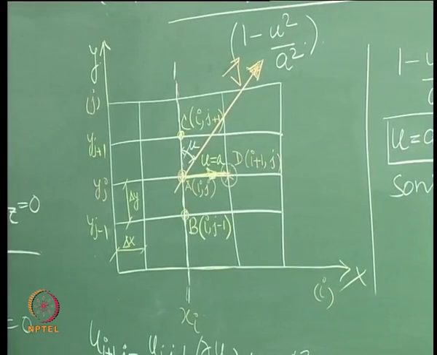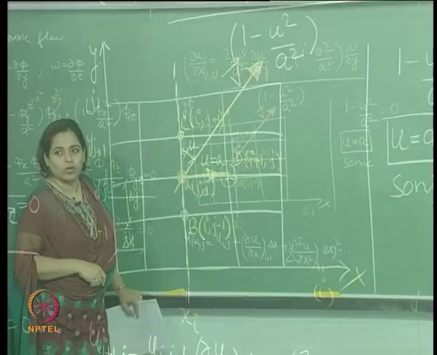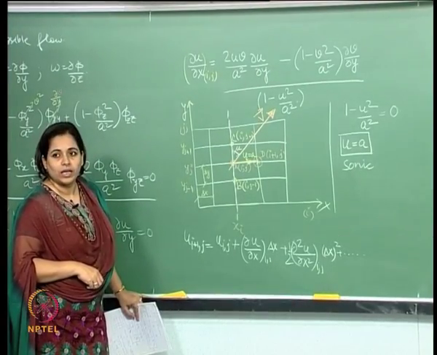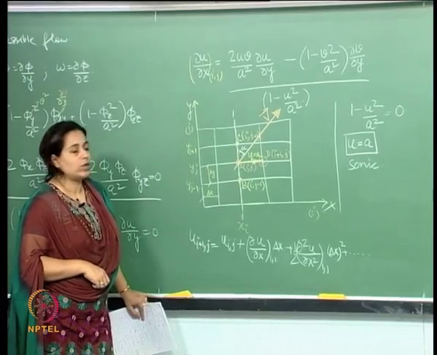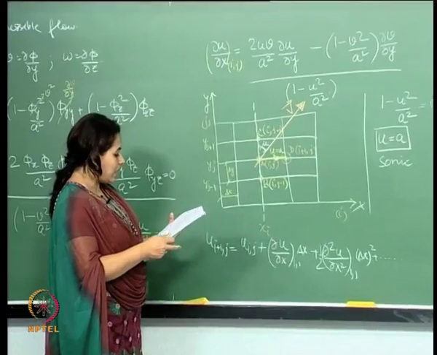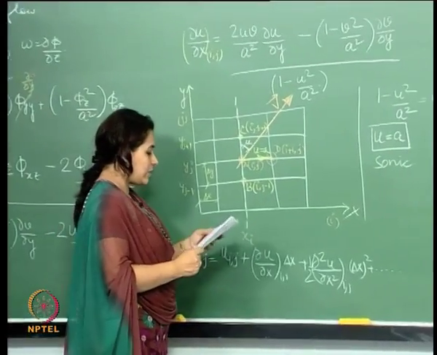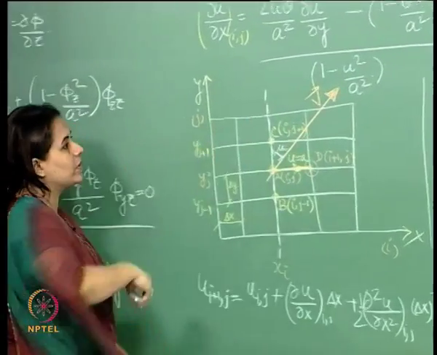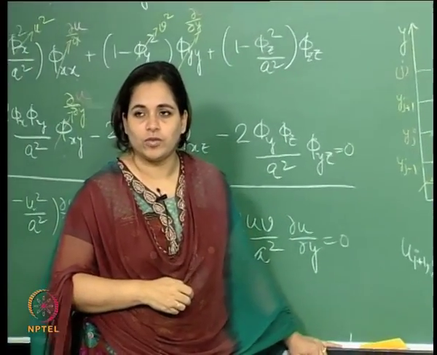Now on this line the derivatives are going to blow. Whether it is del u del x or del v del y etcetera, it is going to blow on that particular line.